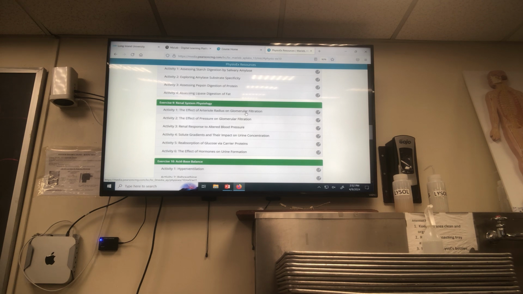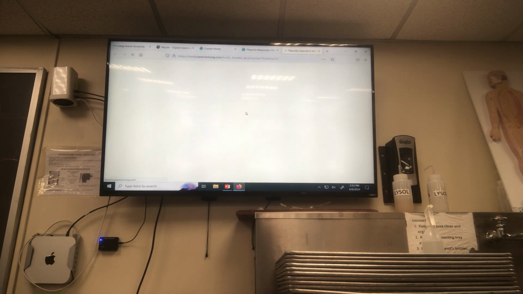The radius is independent. Excellent. So I'm always going to be plotting my radius values on the x-axis. I cannot change that. But what's going to be affected by the changes of my independent variable is going to be my glomerular filtration pressure, my glomerular filtration rate, and my urine production. Okay.